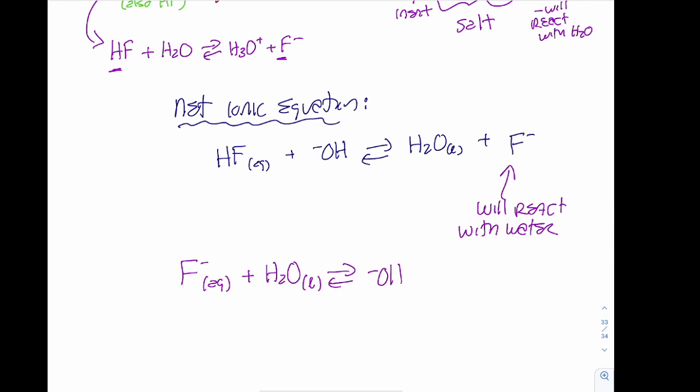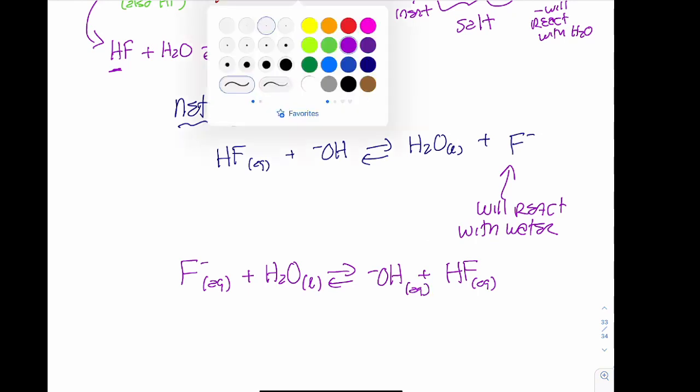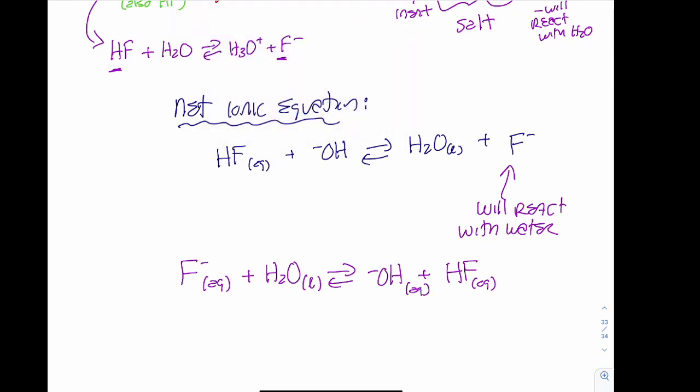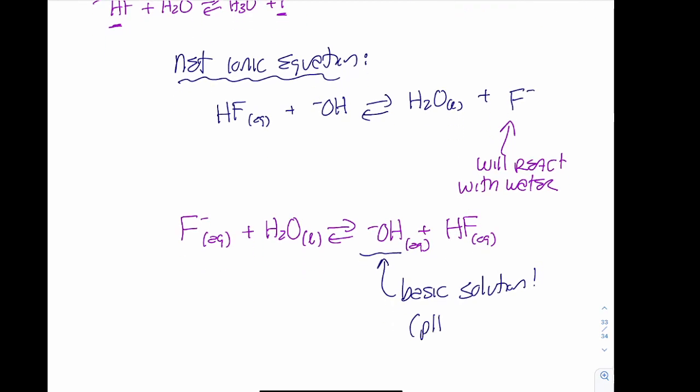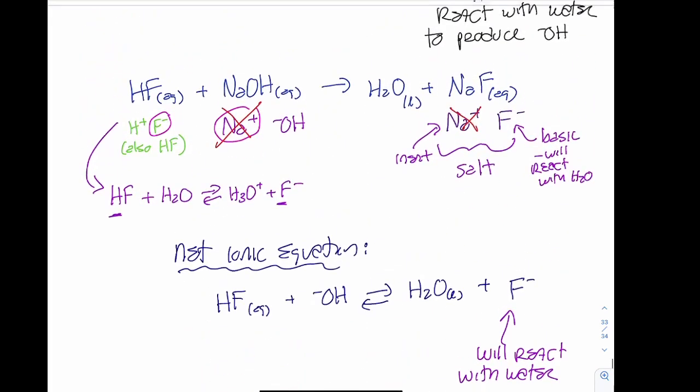I'm going to produce hydroxide ions plus my conjugate acid. So, a basic solution. My pH is going to be greater than 7.